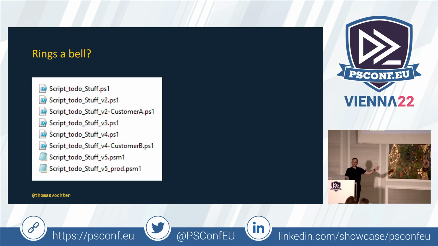And you go to a customer, you implement that script or that module, whatever, works great there, but then you want to make a change to the original one. And you use that original one, the changed version, at another customer, et cetera, et cetera, et cetera. And in the end, you end up with a very long file name, like version 25 in production at customer A, et cetera. You know what I mean. So we've all been there. Same goes, by the way, for normal files, not just for script files.